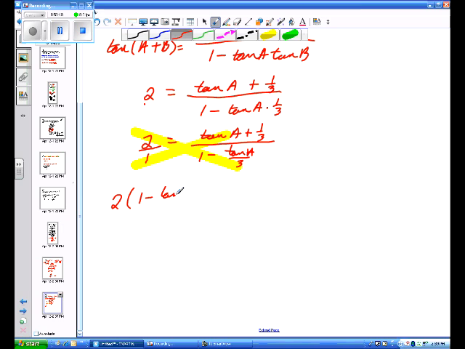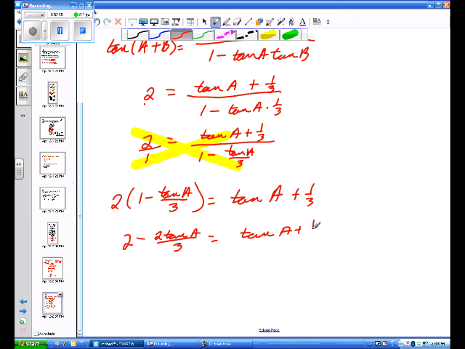So we have 2 times 1 minus tangent A over 3 is equal to tangent A plus 1/3. So distributing, we have 2 minus 2 tangent A over 3 equals tangent A plus 1/3.